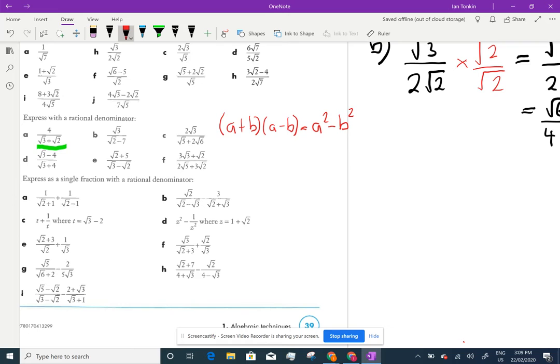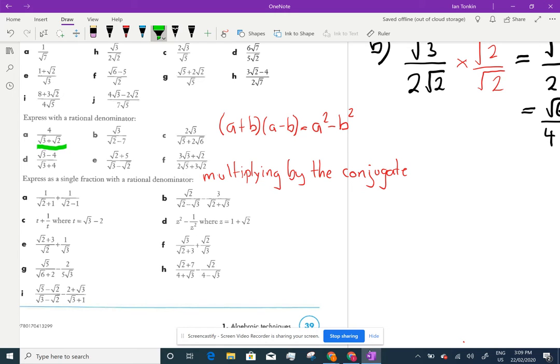And what we call this is multiplying by the conjugate. And the conjugate is just the thing that will give you the two squares. Because sometimes it will be minus.